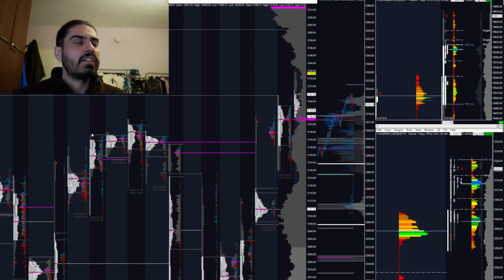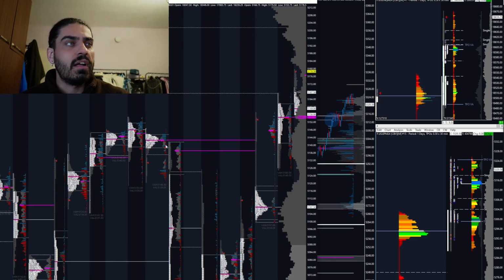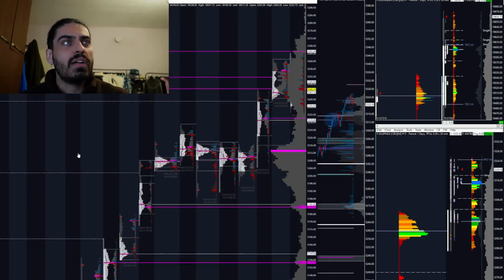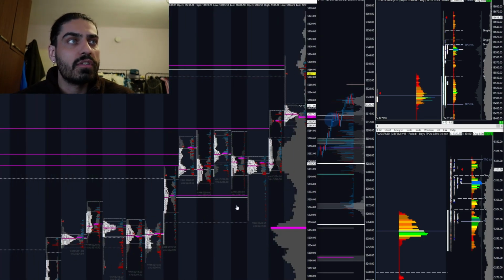When you get this accumulation of an array of delta that gets absorbed into a high or a low, you're most likely going to see a fairly large turning point in the market. And it works both ways, right? Massive sell delta into lows right here that turns prices up. The massive buy delta into highs. That's how I can understand if there's going to be either a continued move or a topping out move.